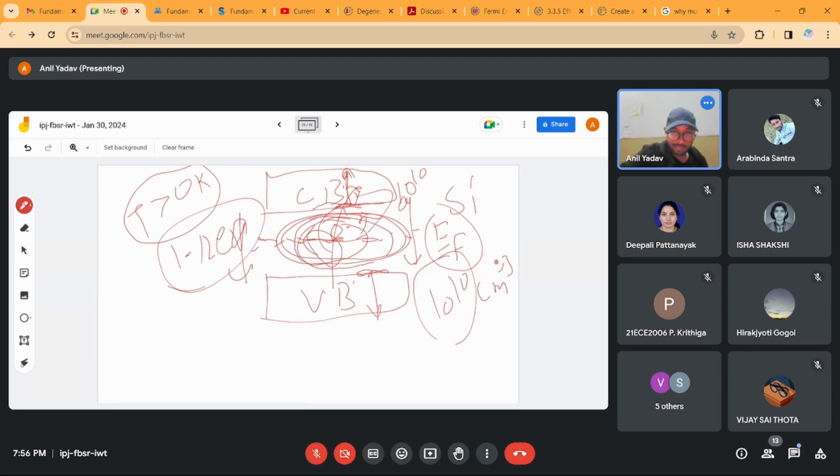This is an indirect band gap semiconductor, and it is changing the momentum k also, and that's why we can find electrons in the conduction band in silicon. So this is not the restriction, I hope.